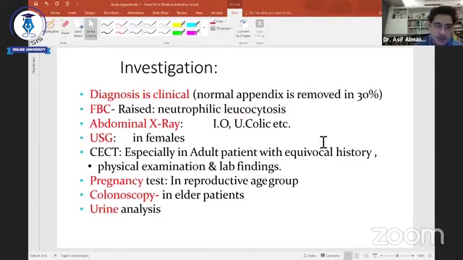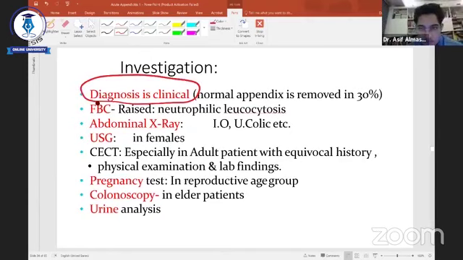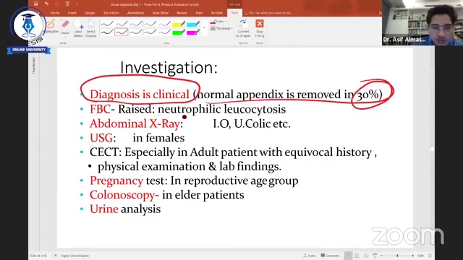So what investigations? Remember this, that usually in males really, the diagnosis is a clinical diagnosis. But also a normal appendix is removed in 30% of the patients. Full blood count shows a neutrophilic leukocytosis, very important.